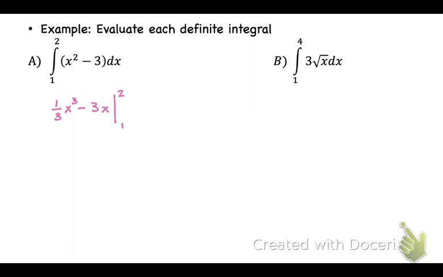So we plug in our 2. So you have 8 over 3 minus 6. Minus 1 over 3 minus 3.